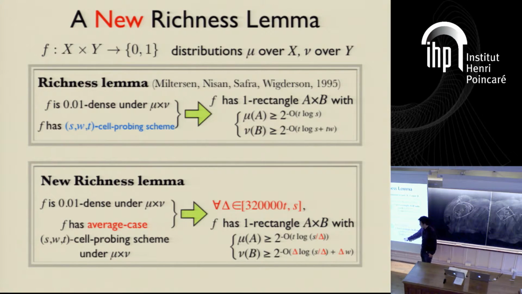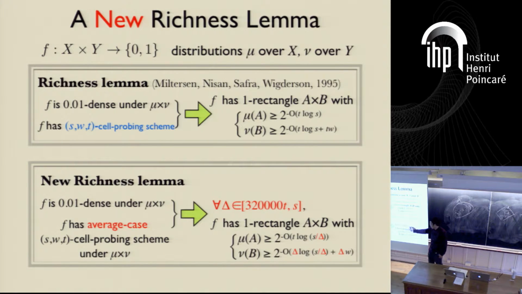But now we have two improvements. The first one is it is now made explicitly for the average case complexity. But it's not a crucial improvement because, as I mentioned, the classic one also holds for the average case implicitly with some modification. The real improvement is this part. It now gives an entire family of monochromatic rectangles instead of just the one. So to prove a data structure lower bound, we only need to pick any one rectangle from the family to refute.